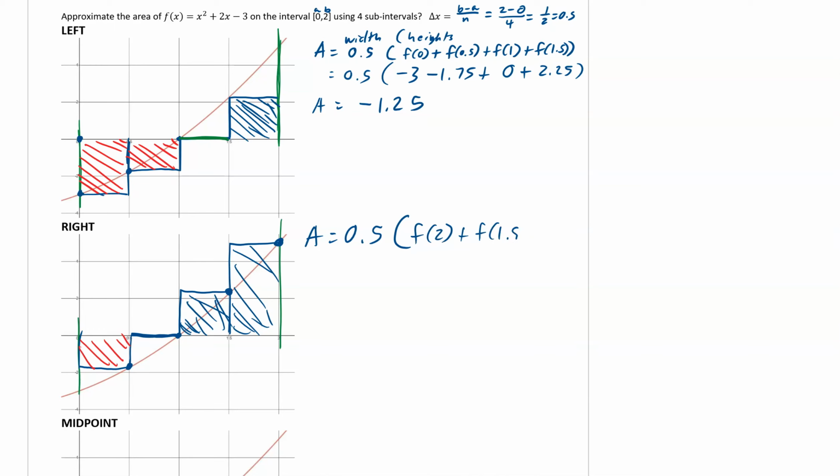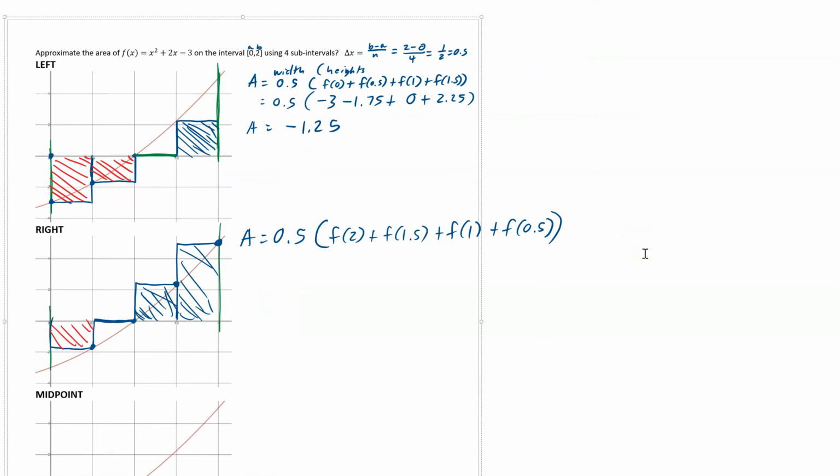So 1.5, 1, and then 0.5 is our final one, and we don't actually get to 0. So you can see that with the left, we start on the left, which was 0, and work our way across, and so we're 0.5 away from the last point, because that would be for the right interval. And with the right, we start at 2, and work our way down until 0.5. So even if you don't have the picture, you know what values to plug it in.